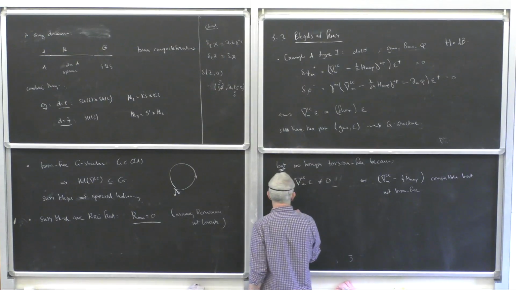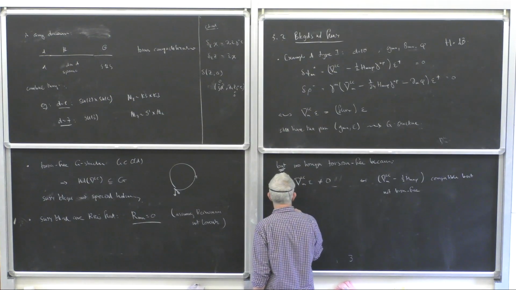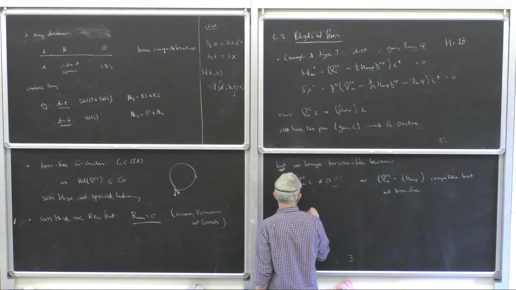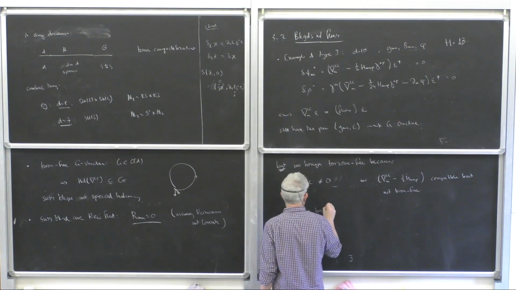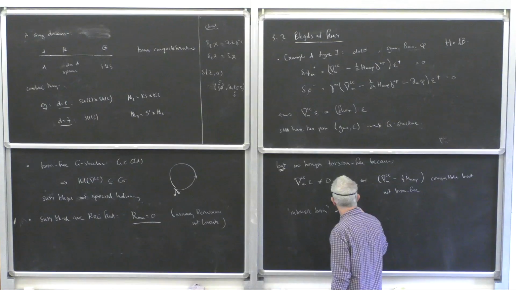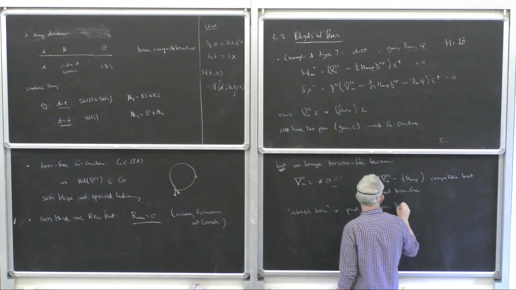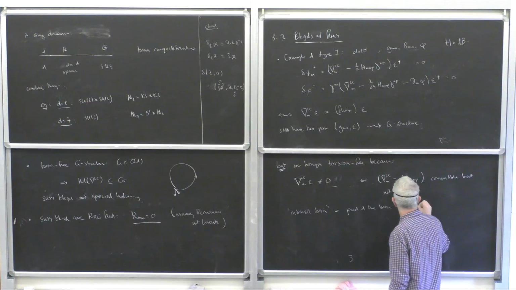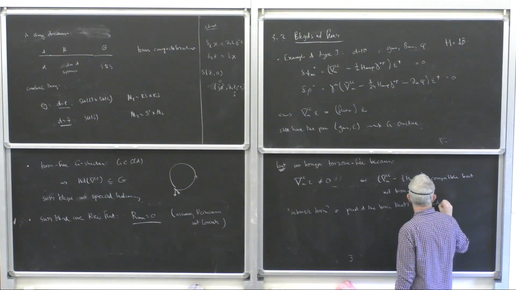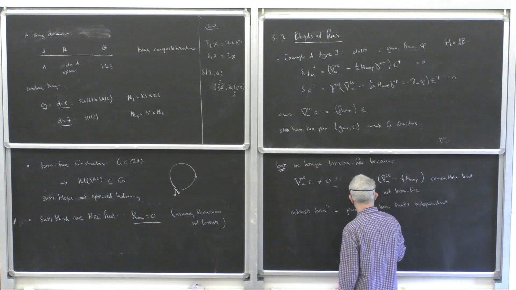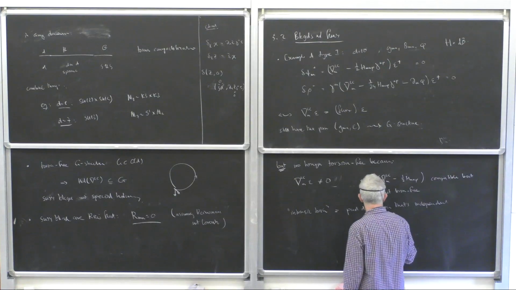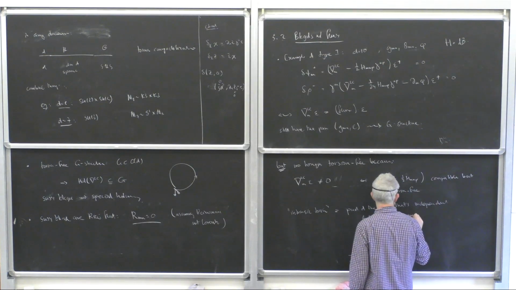So roughly speaking, what happens is that there's a notion of something called the intrinsic torsion. That's equal to the part of the torsion that's independent of the choice of compatible connection.